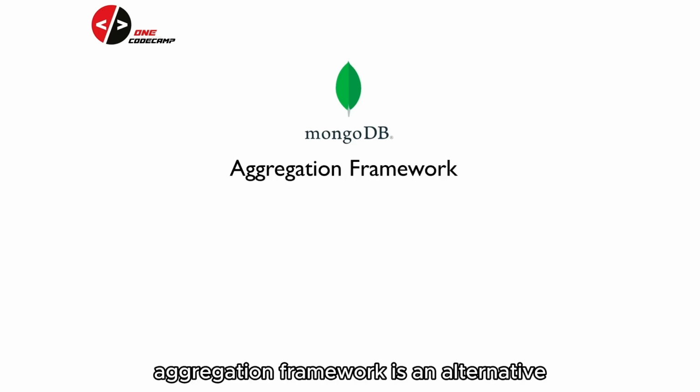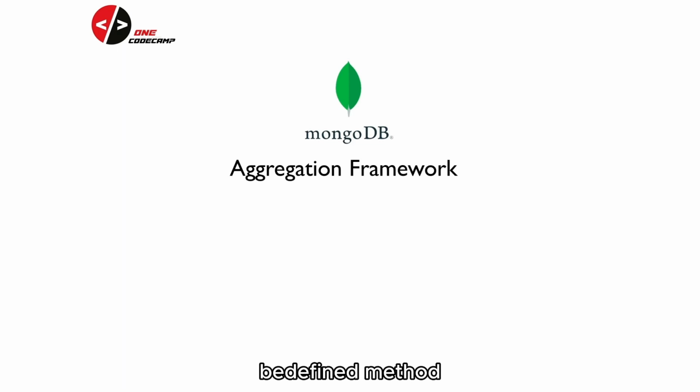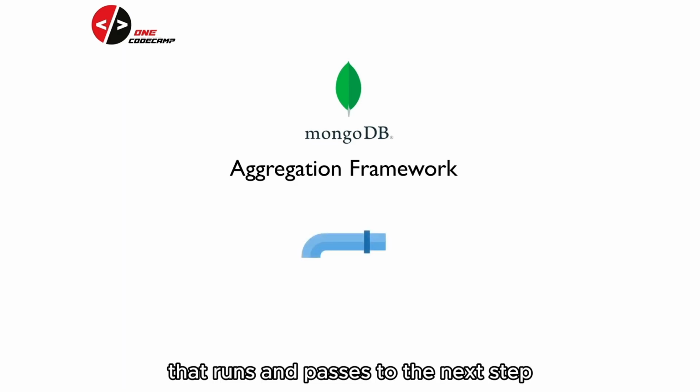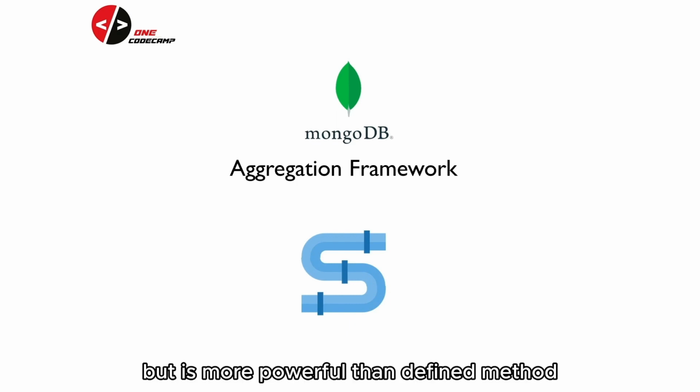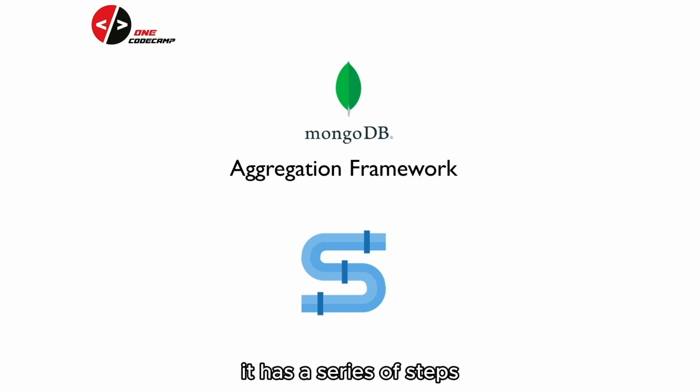Aggregation framework is an alternative to the find method. It is building a pipeline of steps that runs and passes to the next step. So it is much more complex, but is more powerful than the find method. It has a series of steps, which we can refer to as stages.